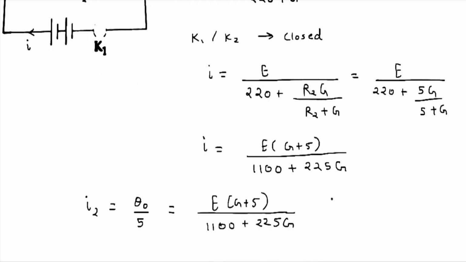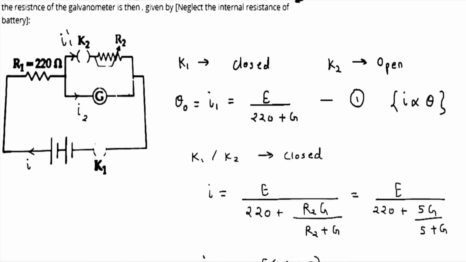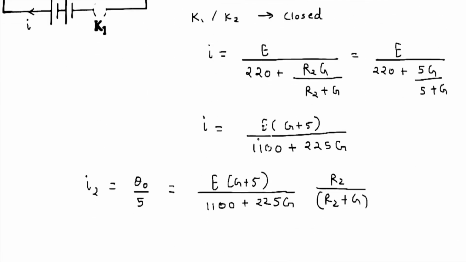So we write R2 divided by the total resistance, that is R2 plus G. This is the way we calculate the current through the resistance. Let's say if we have to calculate the current through R2, we would keep G upon R2 plus G into the total current. Alright, so this is the way we will calculate the value of current I2.